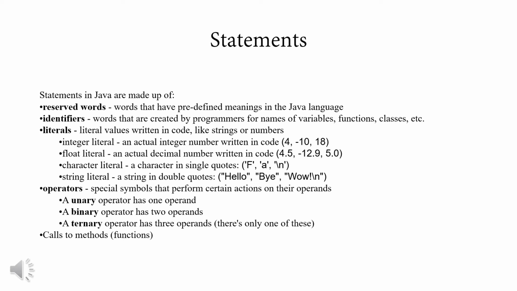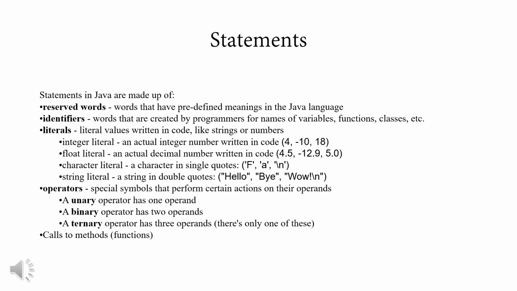Then we have literal. Literal values written in code like strings or numbers. We have integer literal, float literal, character literal, string literal. So integer literal like 4 or 18 or -10.